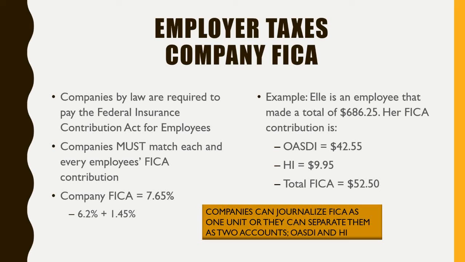You can have a separation between company Social Security and then company Medicare. But at the end of the day, you're still all paying the federal government. So whether you individualize them or whether you separate them or combine them together, it doesn't matter at the end of the day. Whichever one makes it convenient, you're still paying the same exact person, right? You're still paying the federal government.